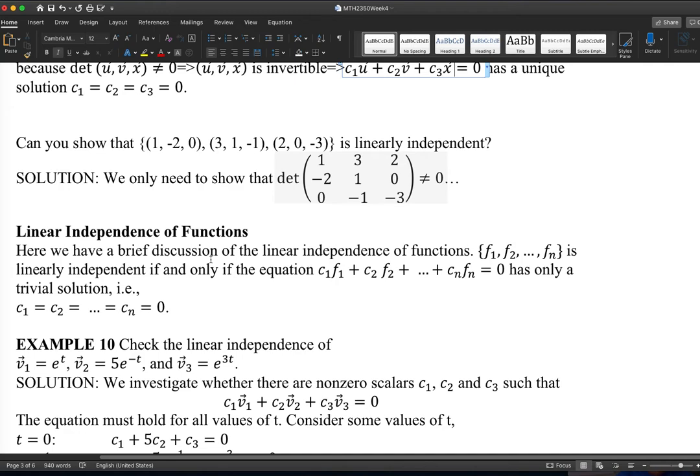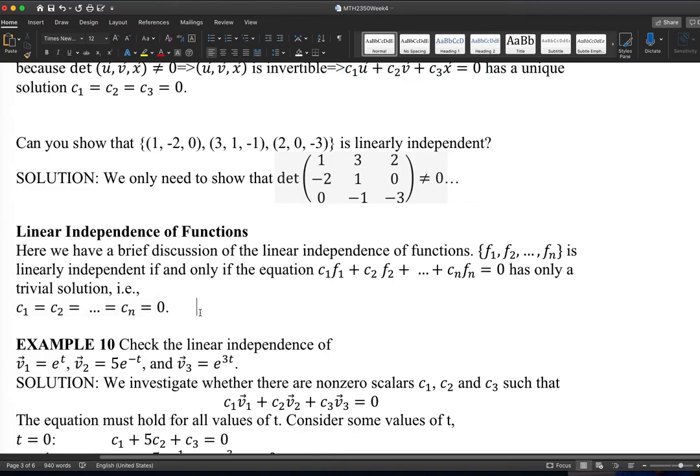If at all possible, we want to put both topics together. So linear independence can also be applied to functions. When you have functions as vectors, to check the linear independence, you check this equation equal to 0.